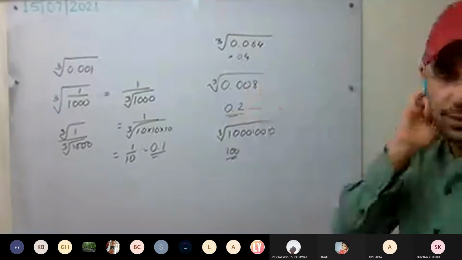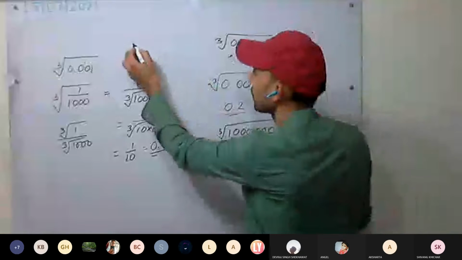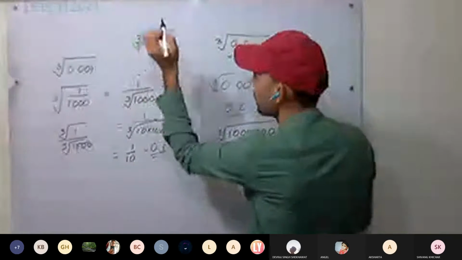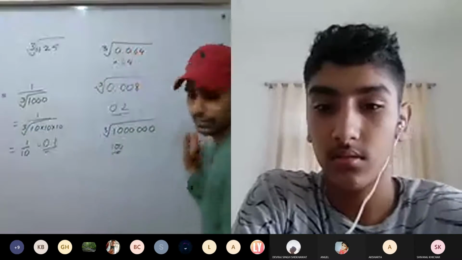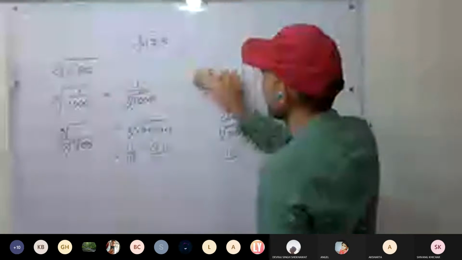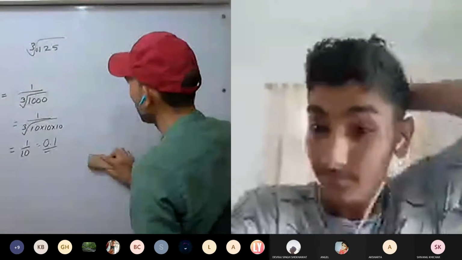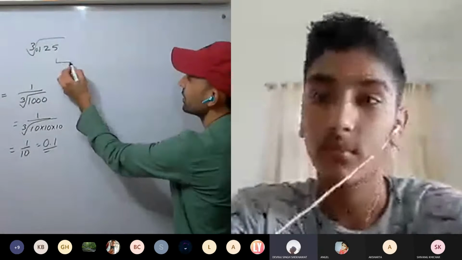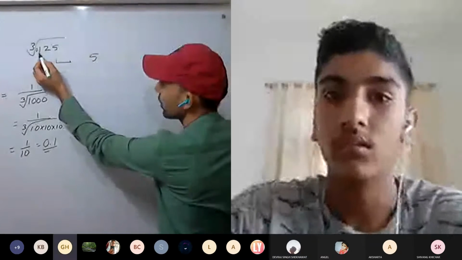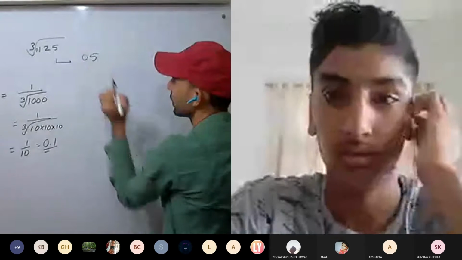Understood? Cube root of 0.125. What is the cube root of 125? 5. How many decimal places? 1, 2, 3. So here it will be 1, giving 0.5.